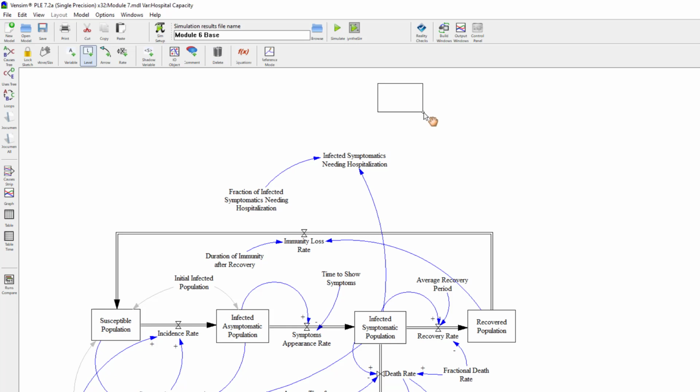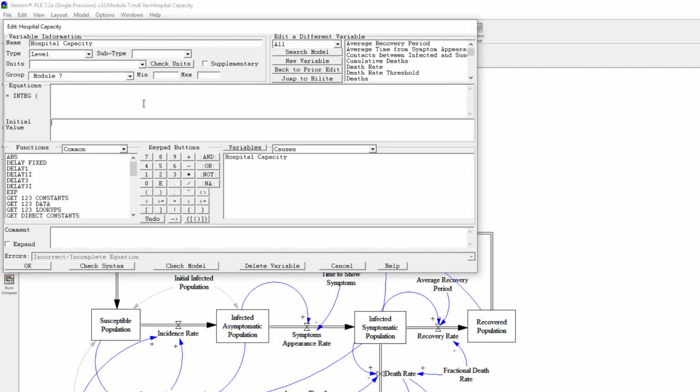However, this one will actually stay constant. So when we do the equation, the type we're going to change to constant, and then the value we're going to set at 128,000. So that's going to be our hospital capacity.